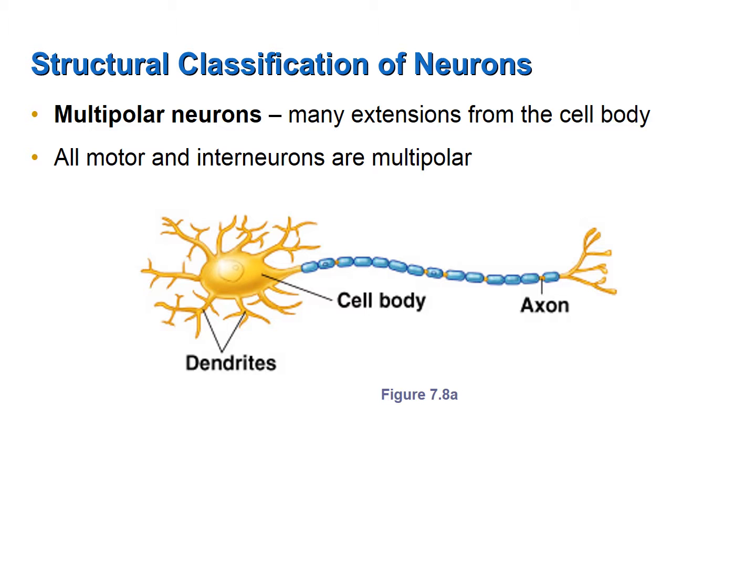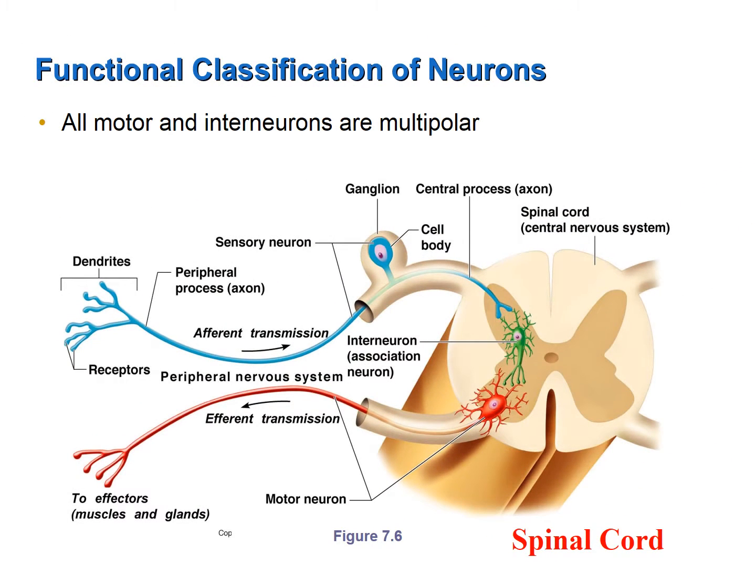Notice that all motor and interneurons are multipolar neurons. Going back to this figure, notice that both interneurons and motor neurons have multiple processes, many dendrites in this particular example. Therefore, they are multipolar neurons.